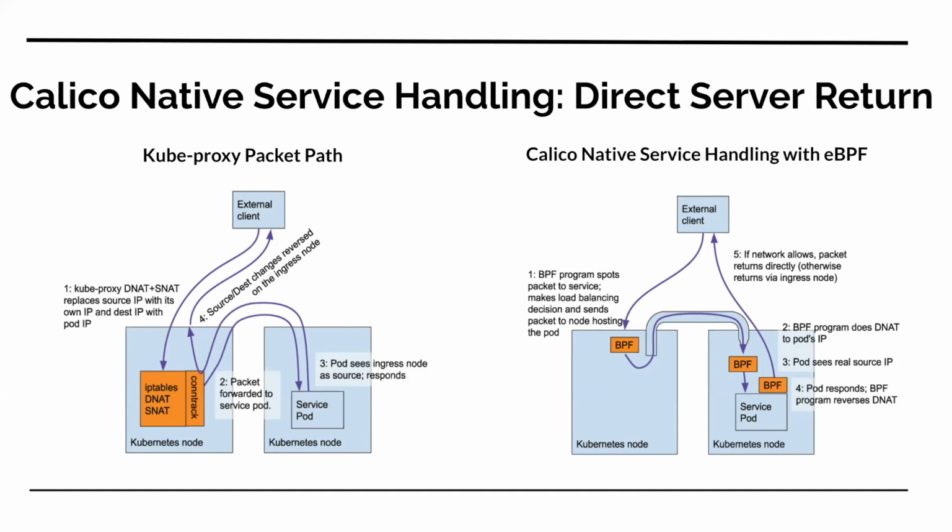One frequently encountered friction point with Kubernetes networking is the application of network address translation, NAT, by kubeproxy to incoming network connections to Kubernetes services, like through a service node port, for example. In most cases, this has the side effect of removing the original client source IP address from incoming traffic.